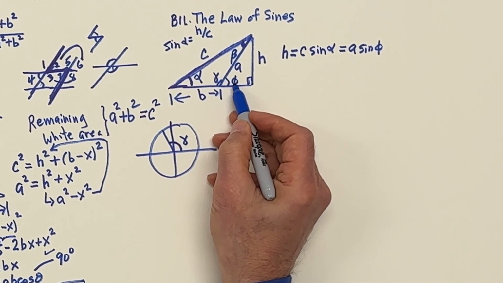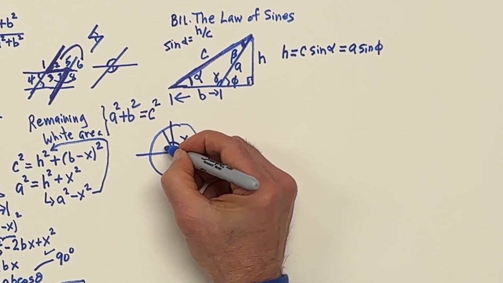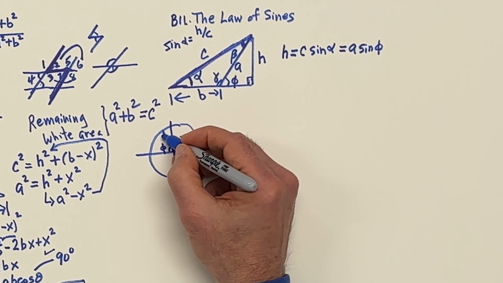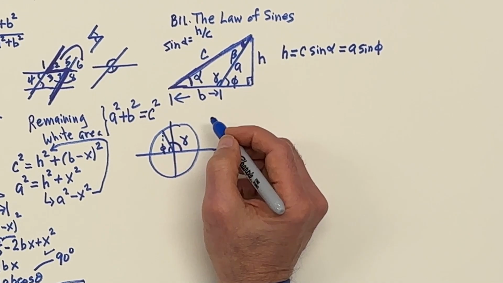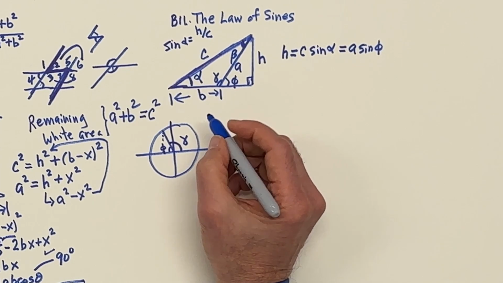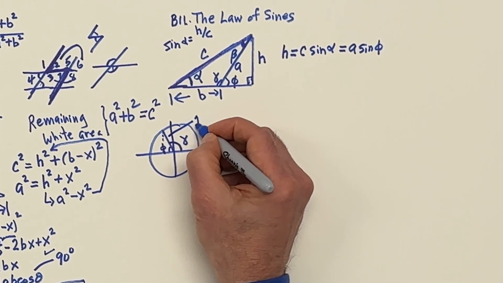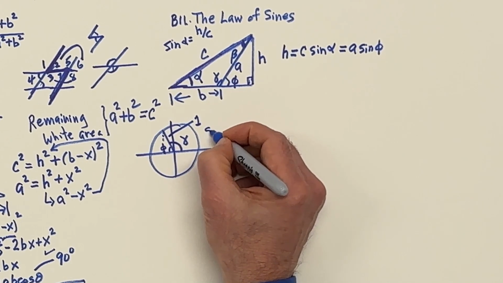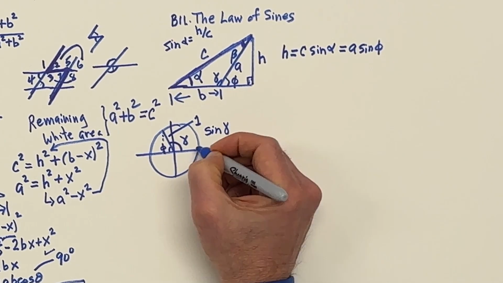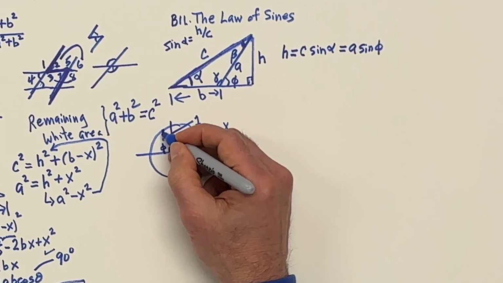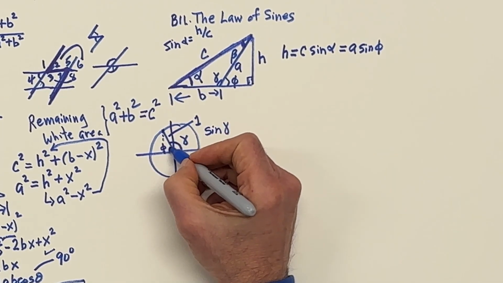Then the other angle that makes up the 180 would be phi, so we would have phi here. So if we looked at, say, a unit circle, so we'll call this 1, radius is 1, then the sine of this big angle, that's the sine there, that would be your height going up. That's equal to the sine of just that angle in there.